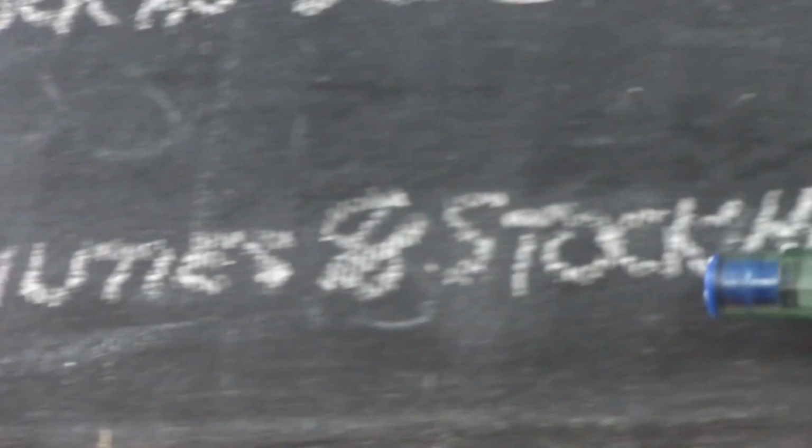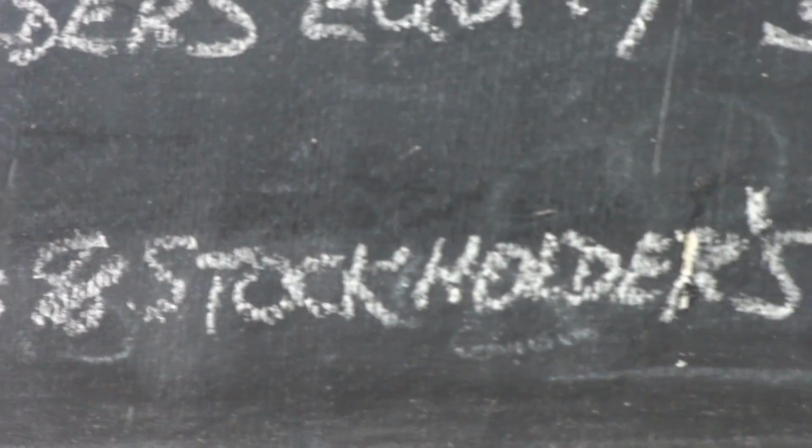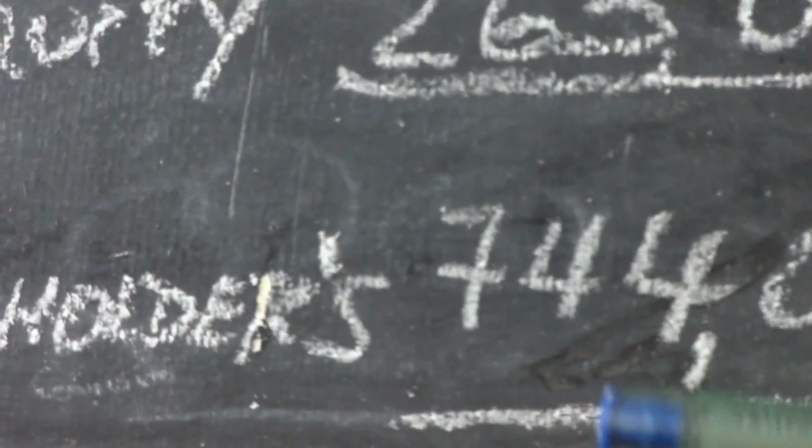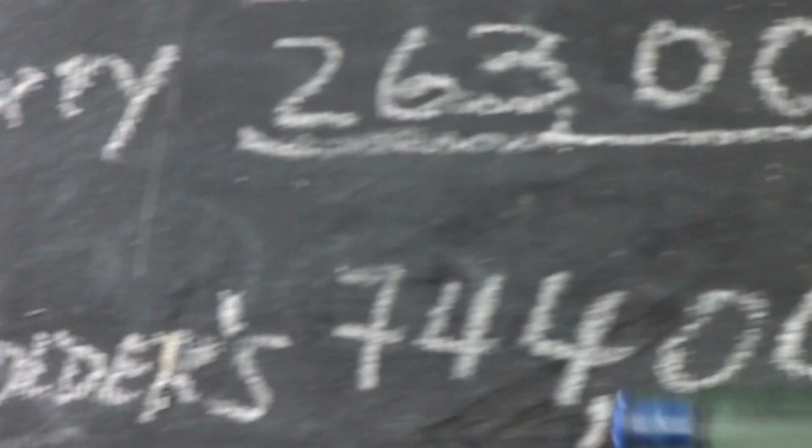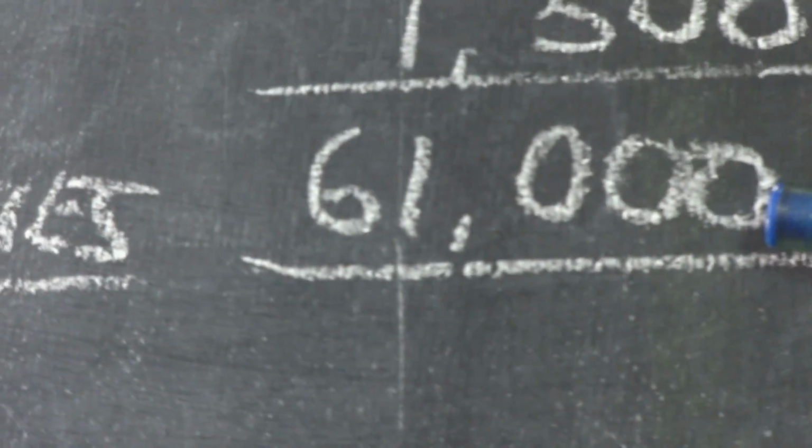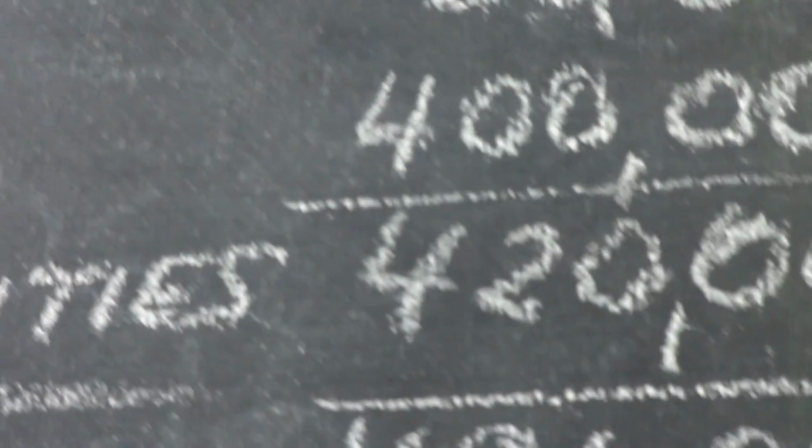Then we have total liabilities plus stockholders' equity for $744,000, which is the sum of total liabilities for $481,000 plus total stockholder equity for $263,000.